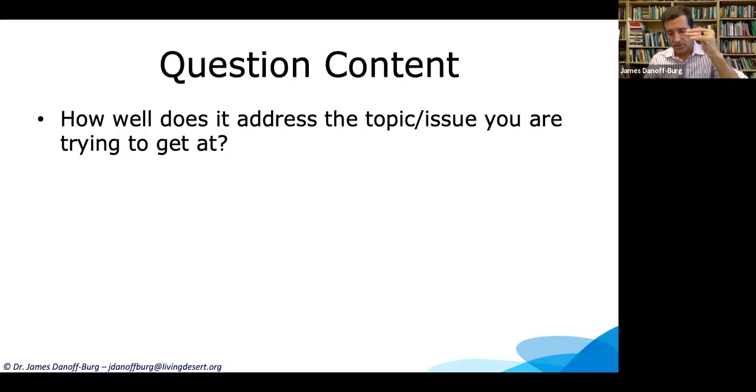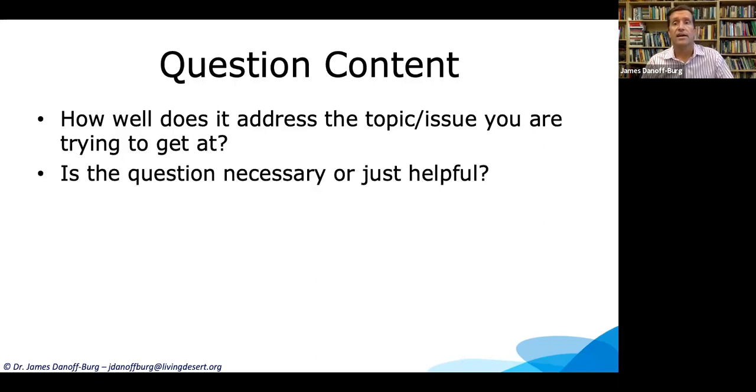So as you have your survey together, now that we've been working on it in a bunch of different ways, and hopefully you'll work on it and edit it a bit more after we're done with this session, think about how well the survey as a whole and every item in it addresses your research topic, your research question. If it doesn't directly address it, if it doesn't provide information that is vitally important to know, think about taking that item out or putting another item in its place.